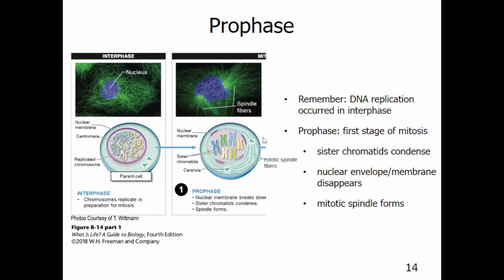There's one here and there's one up there. So there are two centrioles, and these centrioles are where those mitotic spindle fibers, those proteins, are growing out from. You can see those spindle fibers here in green in that fluorescent image at the top of figure 814.